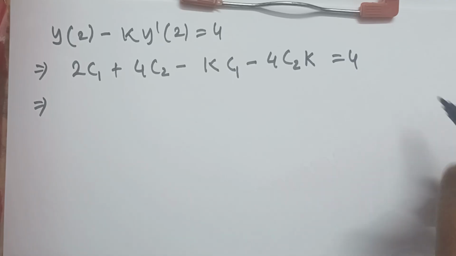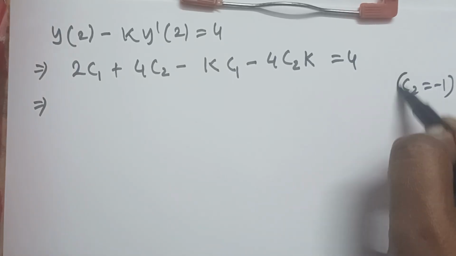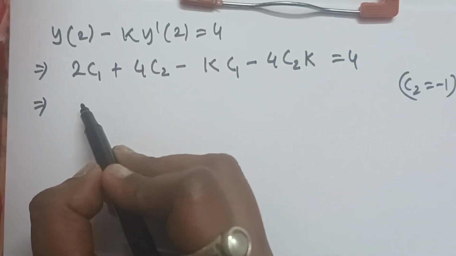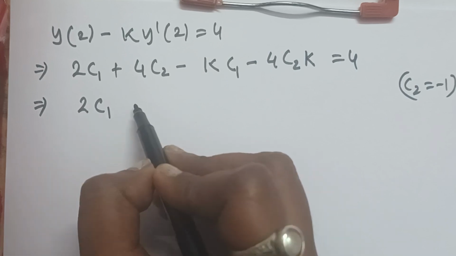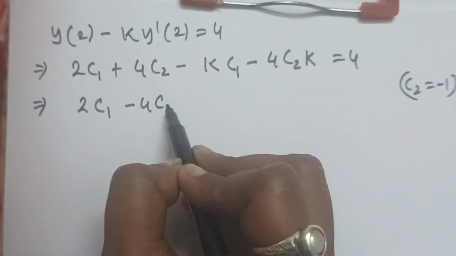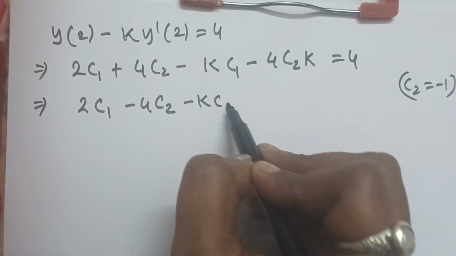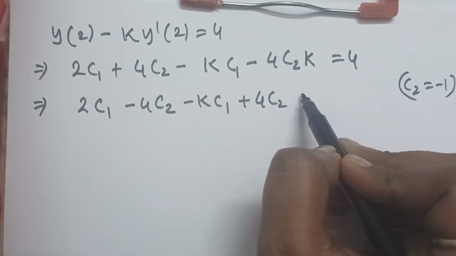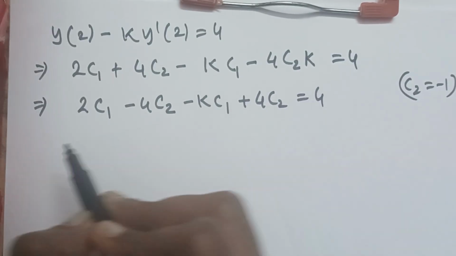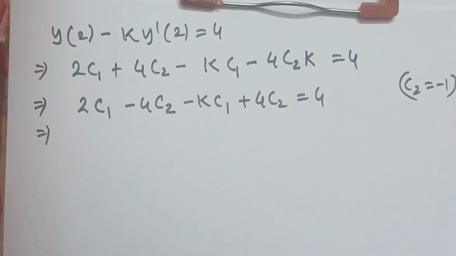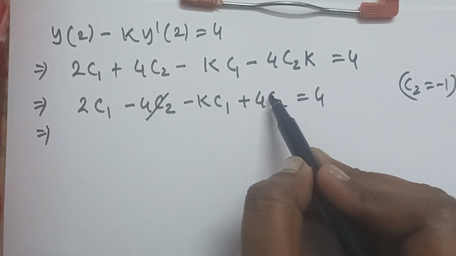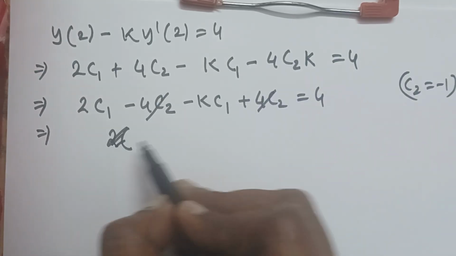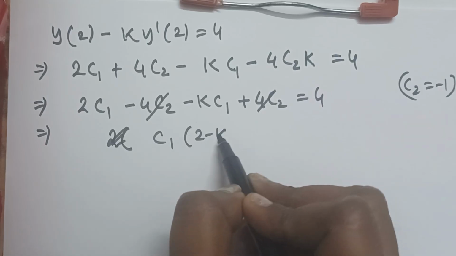Then, because c2 equal to minus 1, we can write 2c1 minus 4 minus k c1 plus 4k equal to 4. Hence, since the constant terms cancel out, we can write c1 into (2 minus k) equal to 4.